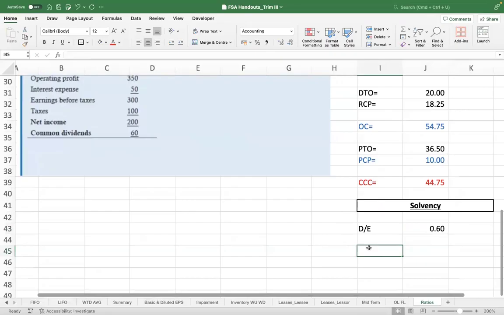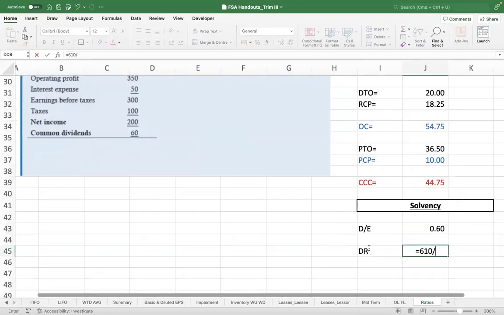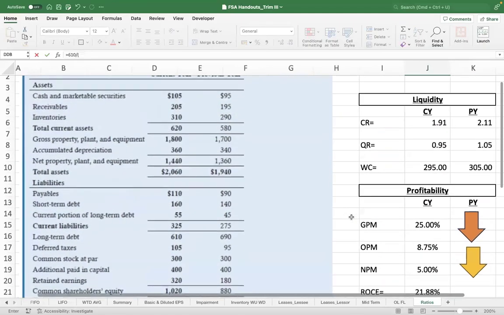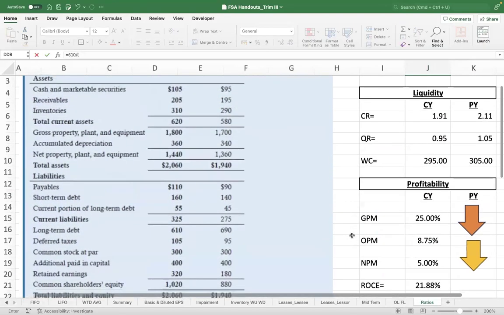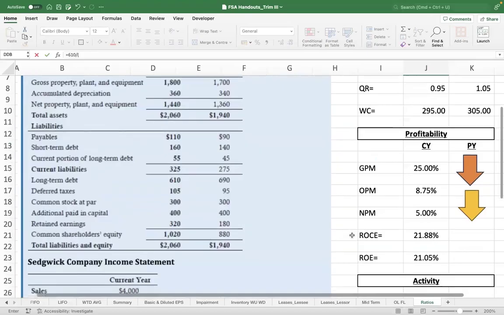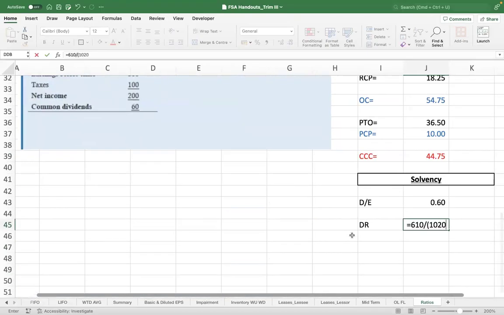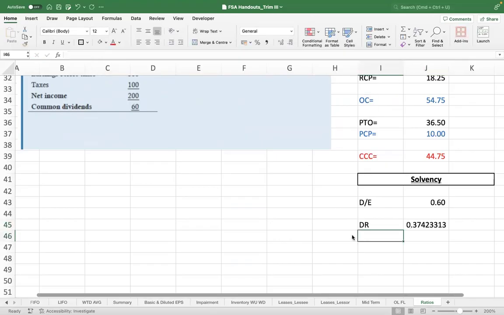And which means the debt ratio will be how much? Debt ratio will be 610 divided by, sorry, 610 divided by 1020 plus 610, correct? Which is almost 38%. That means that the company has almost 38% of the capital as debt.